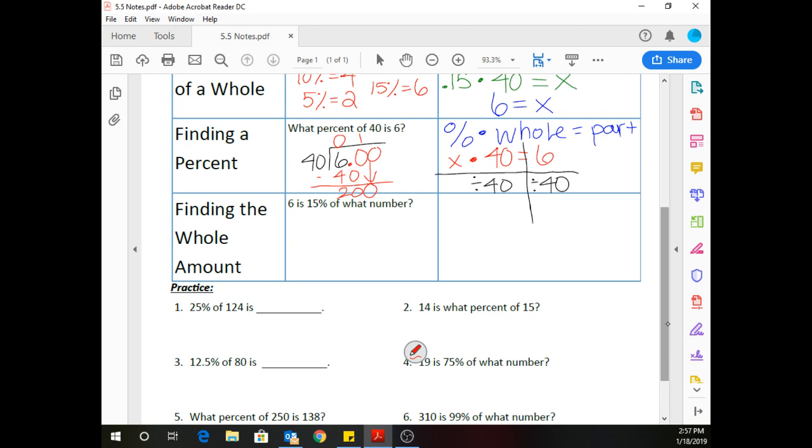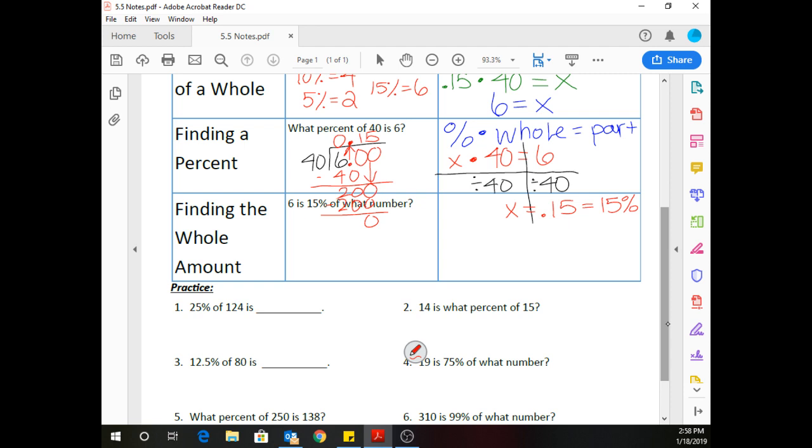How many times? 5. Careful, so that's 200. Bring the decimal straight up. So what does x equal? x equals 0.15. But we're trying to figure out that as a percentage. So what percent is that? 15%. So do you now know 6 is 15% of 40?